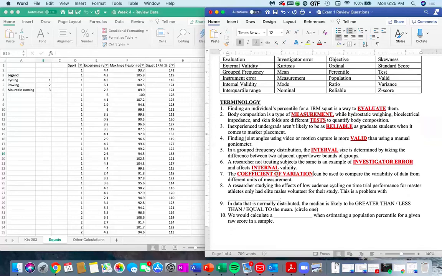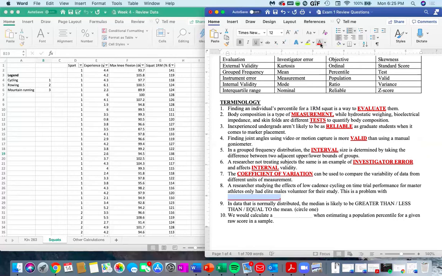Okay. A researcher studying the effects of low cadence cycling on time trial performance for master athletes only had elite males volunteer for their study. This is a problem with what? Is it sample or population? Neither.